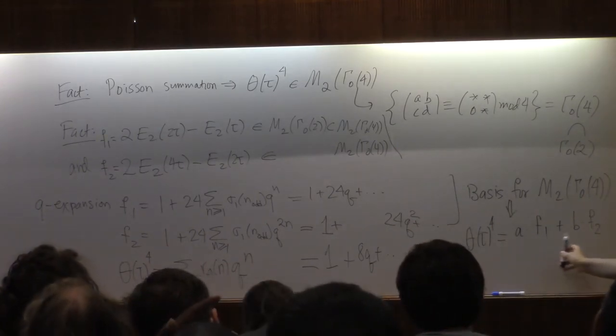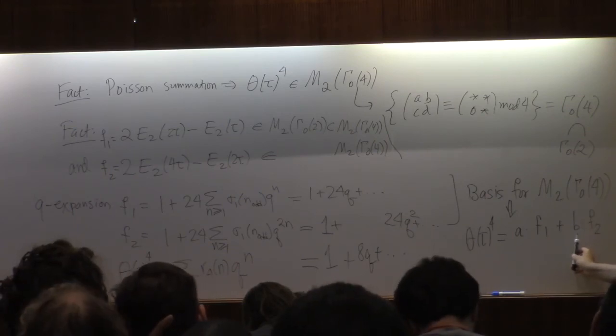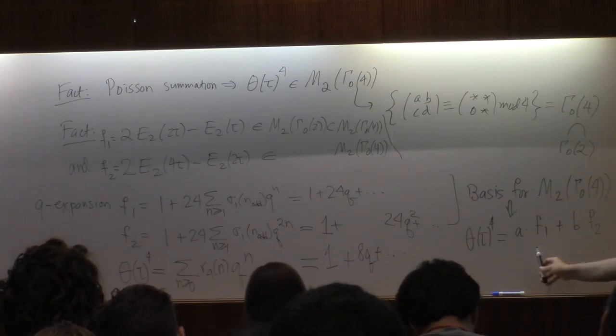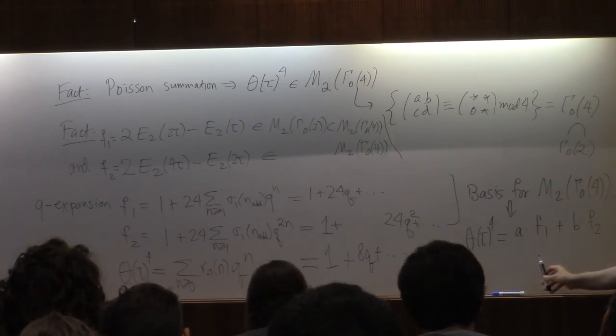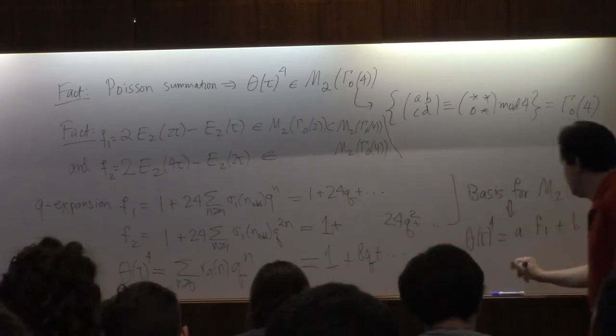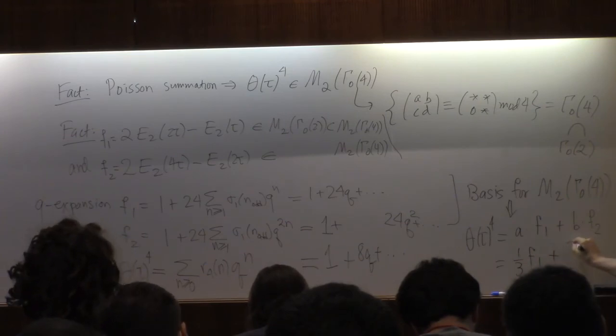You need a plus b. Look at the constants. You need a plus b to be 1, and you need 24a to be 8. So what's a? 1/3. So a is 1/3. And I already said that they add up to 1, so b is 2/3.